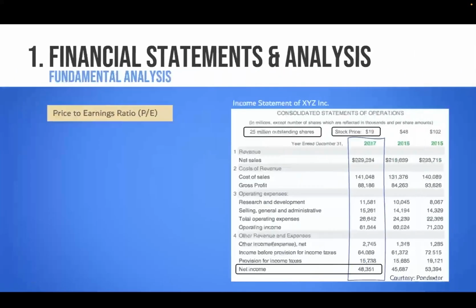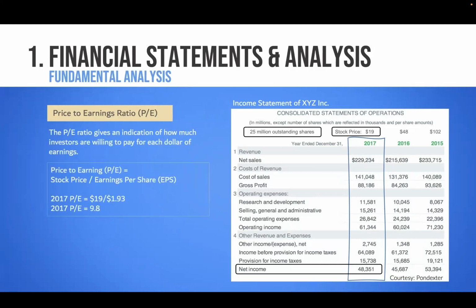So PE, which is the price to earnings ratio, is the most popular ratio. This will be the first one. The second ratio would be the net profit margin. The price to earnings ratio is nothing but how big your stock price is compared to the earnings.